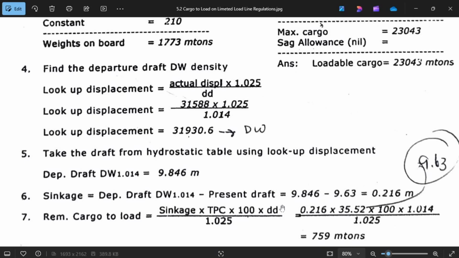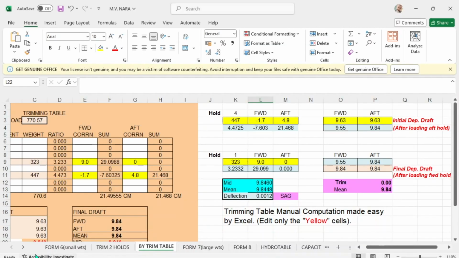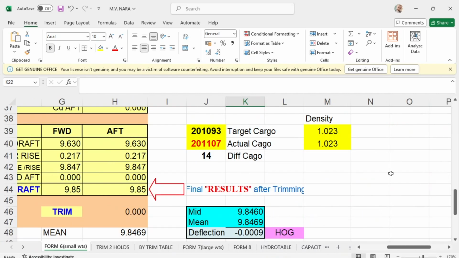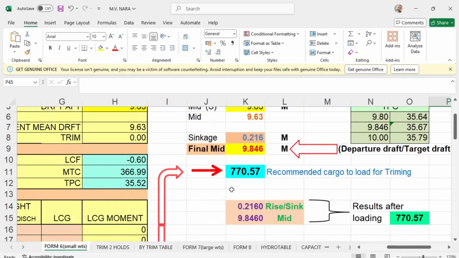Now take note of this one. A while ago I said I never use this local displacement, and the answer here will be 759, but I have 770.57.